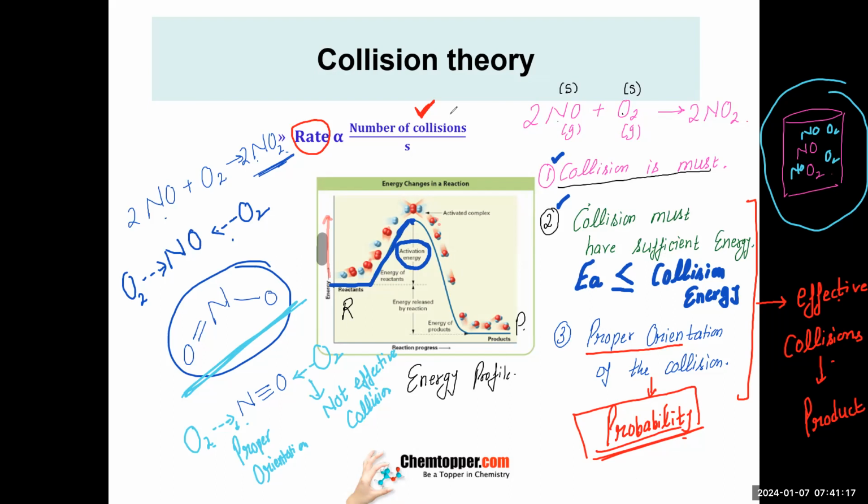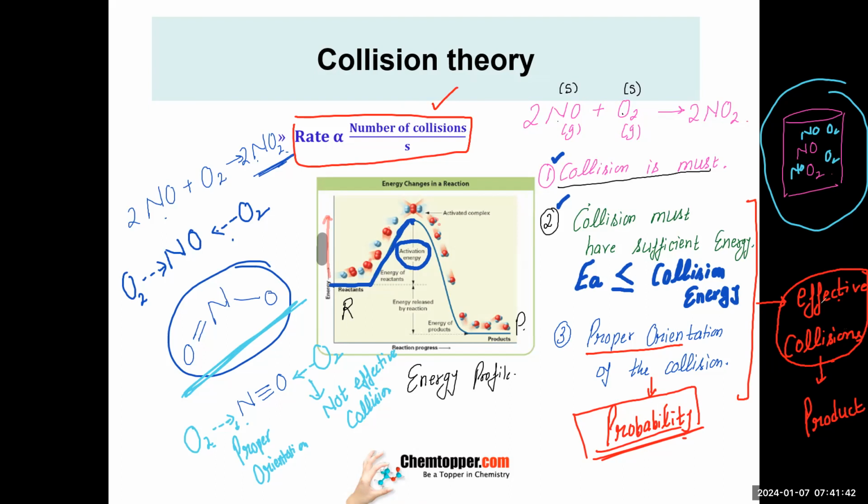Fine. So what we have to take from here? One, this equation that rate is directly proportional to the number of collisions per unit time. More number of collisions, higher the rate. But these collisions must be effective. So what's the meaning of effective collisions?